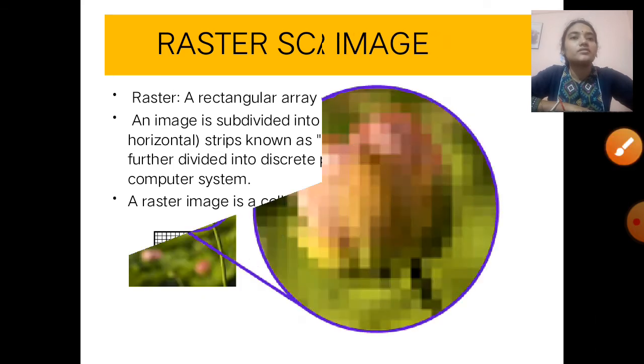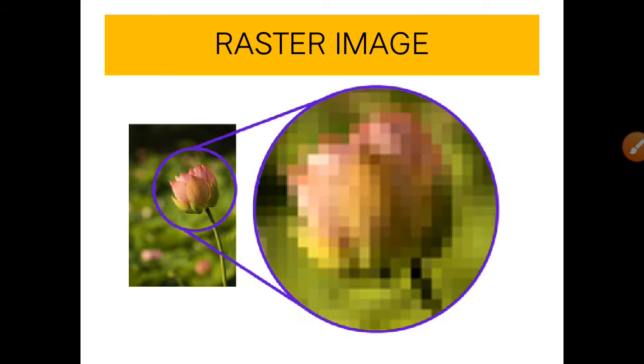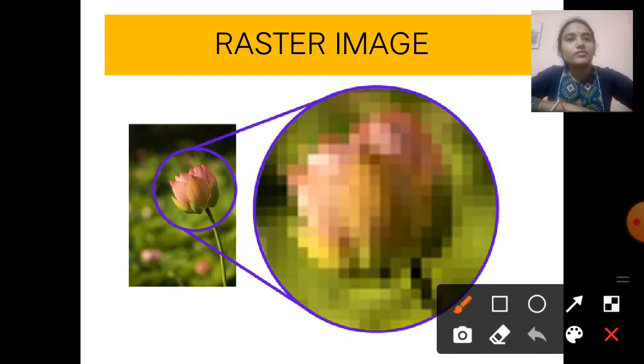This is an example of a raster image, which we also covered in raster graphics. Here is a picture. This is the original picture. When we enlarge this picture, it will look like this: only small tiny pixels, or square boxes.